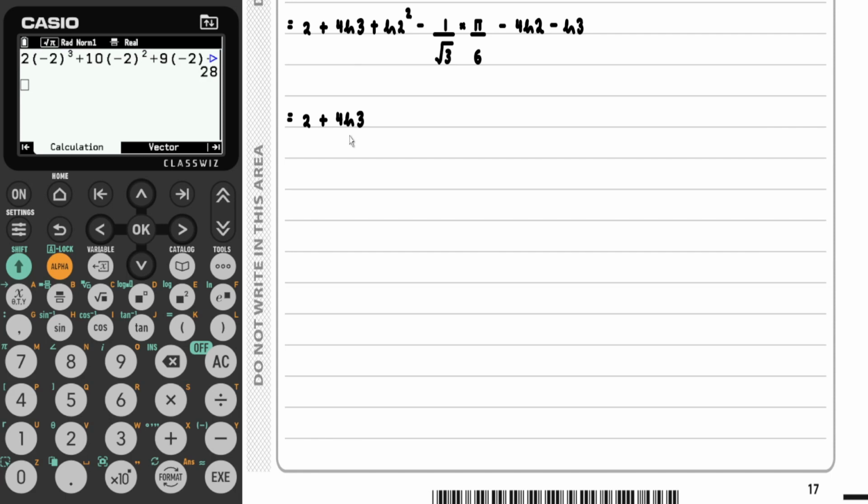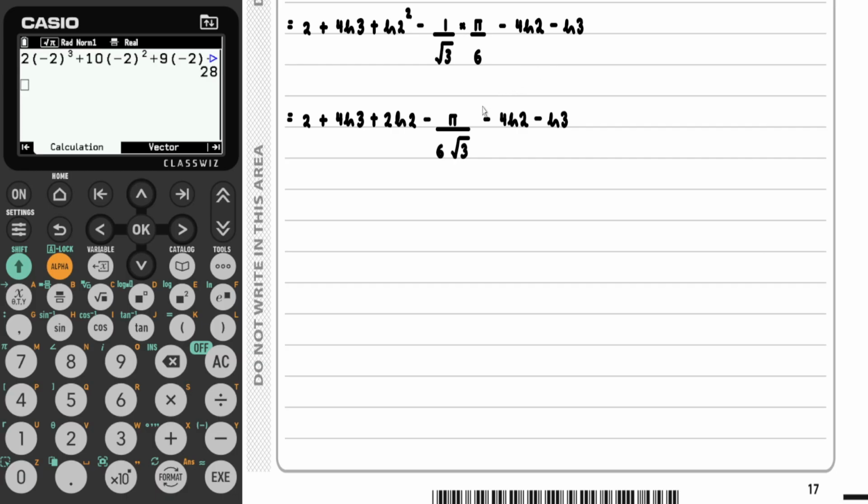So I've got 2 plus 4 times the natural log of 3, and this term I'm going to rewrite as 2 times the natural log of 2. Then I've got negative pi over 6 root 3, and then I've got negative 4 times the natural log of 2, subtract the natural log of 3.